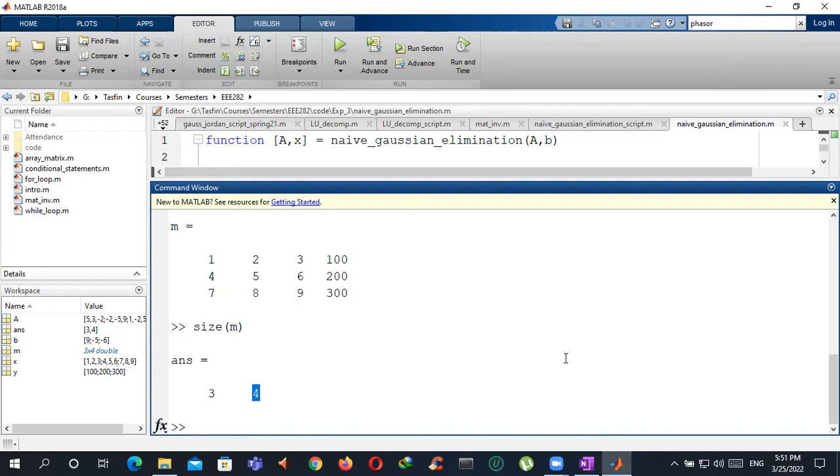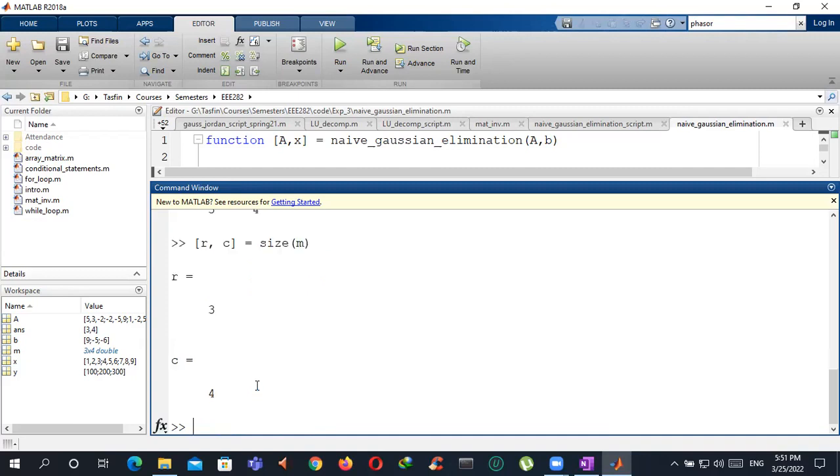We can assign the values in R and C if I wish. R and C would be size of M. Then in the R variable, we will get the number of rows, 3, and in the C variable, we will get the number of columns, 4.